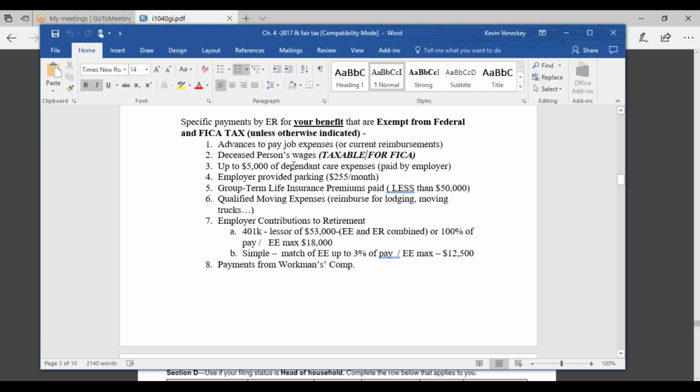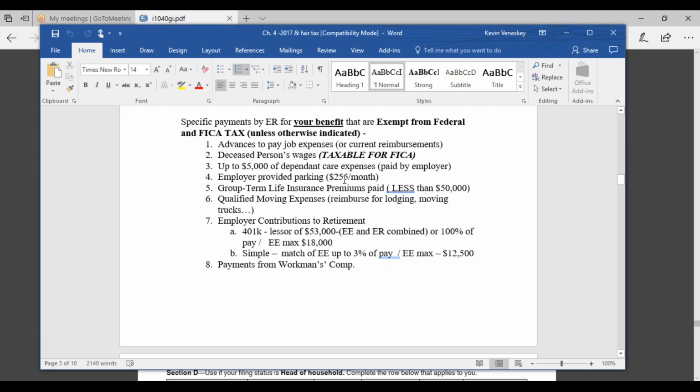If your employer has a daycare on site, or it's paid for by the employer up to $5,000 of you having daycare, that can be a tax-free benefit. That's a great little perk. Employer parking. Group life insurance premiums, that means if you have a policy out and your spouse or your kids may get up to $50,000 if you would die while you work.